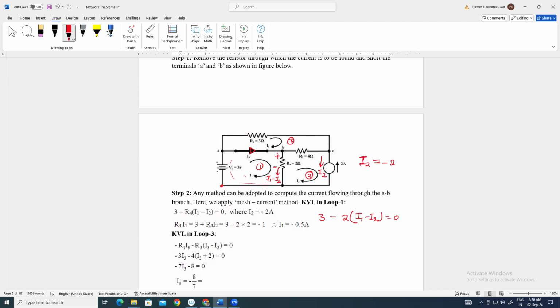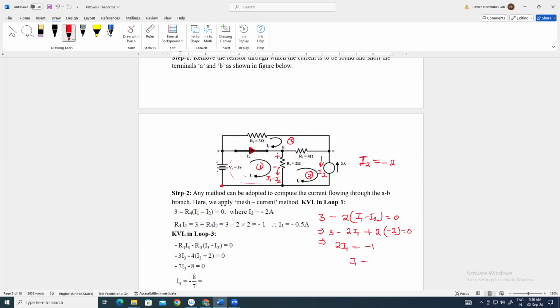By putting the value of I2 as minus 2 ampere, we can solve further: 3 minus 2 I1 plus 2 into I2, with I2 equal to minus 2, is equal to 0. So 2 I1 is equal to minus 4 plus 3, that is minus 1.